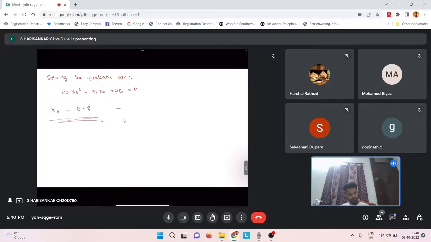So that means the fractional conversion is 80%. Now the right answer can vary anywhere between 0.79 to 0.81.